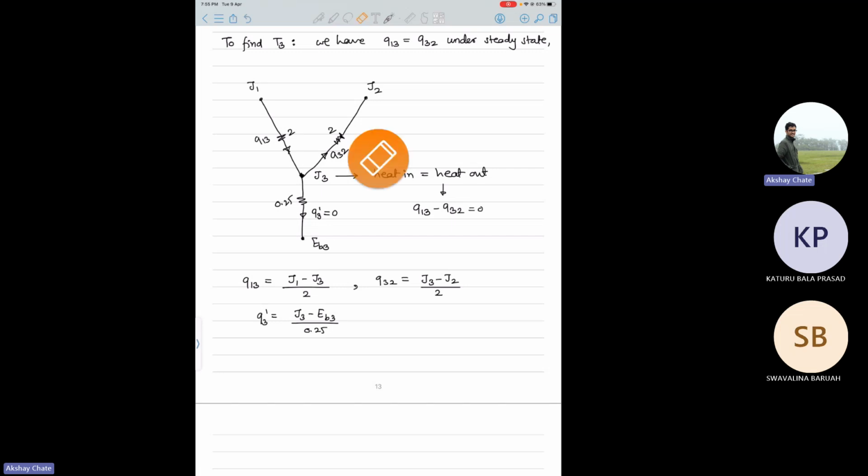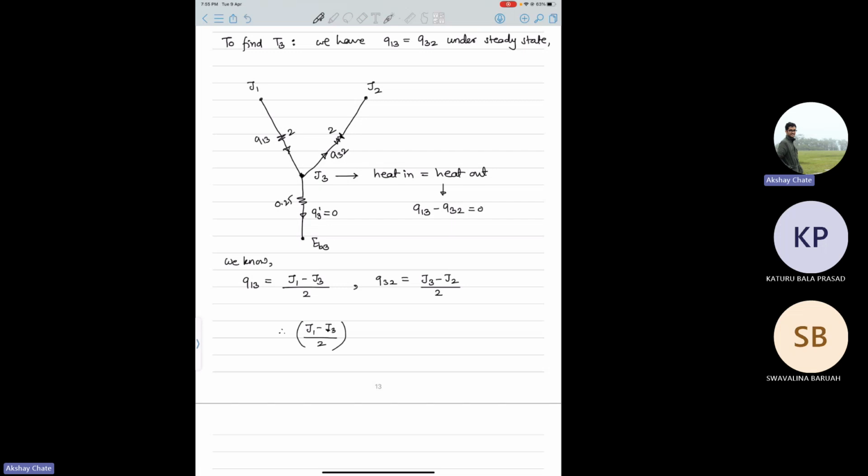And then what is Q13? From this diagram, it is J1 minus J3 by the resistance, which is 2. And what is Q32? That is J3 minus J2 by 2, which is the resistance. And therefore, if you put that, Q13 is J1 minus J3 by 2.